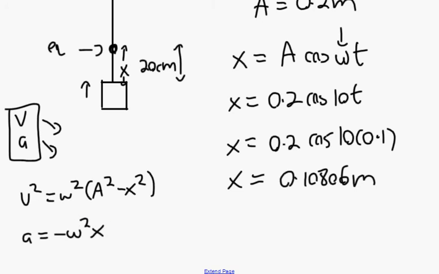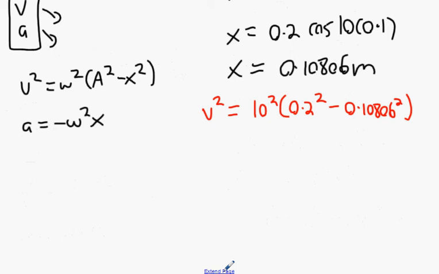Now, v squared therefore is going to be equal to 10 squared times 0.2 squared minus this number here, 0.10806 squared. Solve for v. Is everybody happy that you could put that in the calculator and sort it out? So v ends up to be 1.68 meters per second.